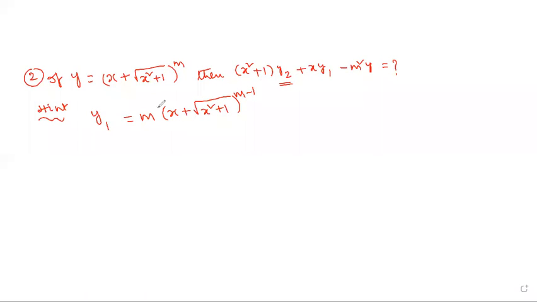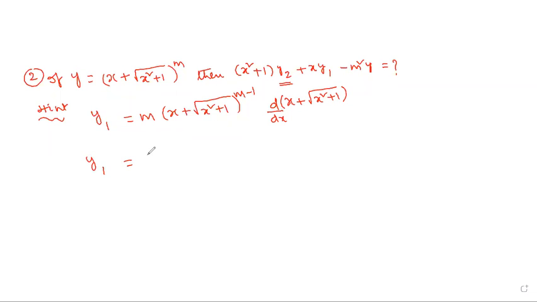But the second one is not a single x, that's why chain rule will come. By the chain rule, d by dx of x plus root over x square plus 1.